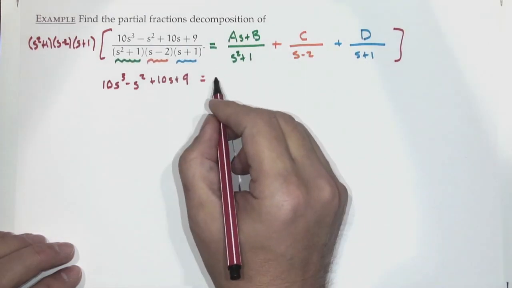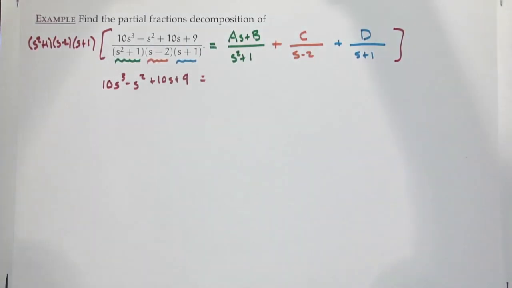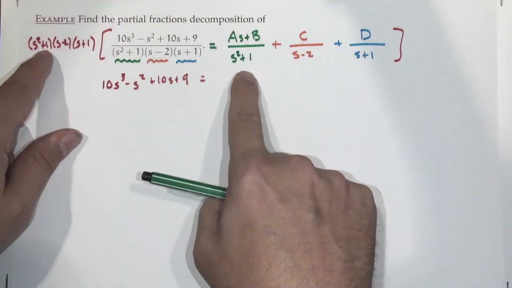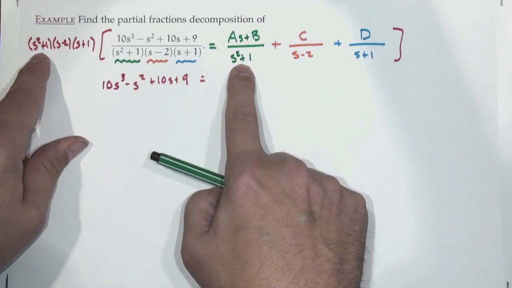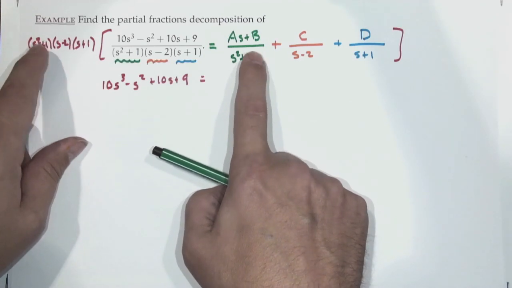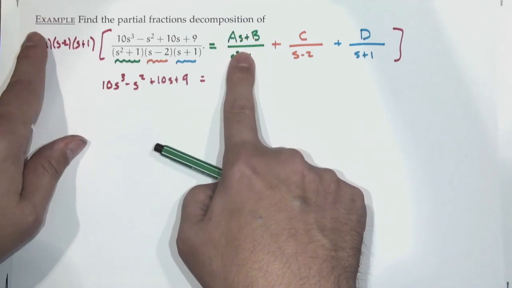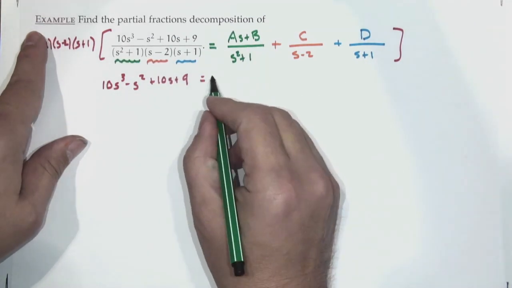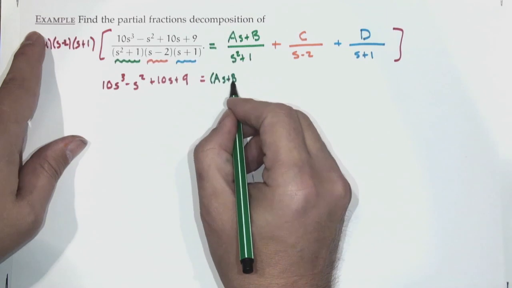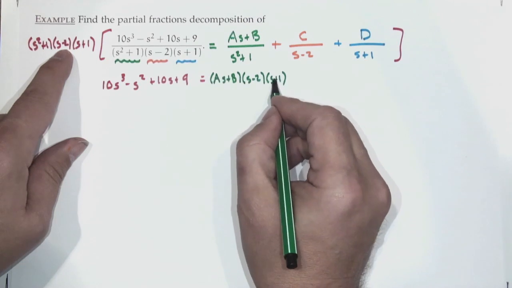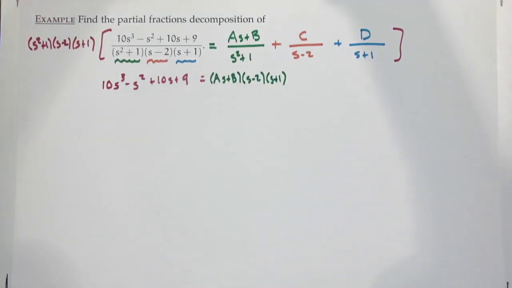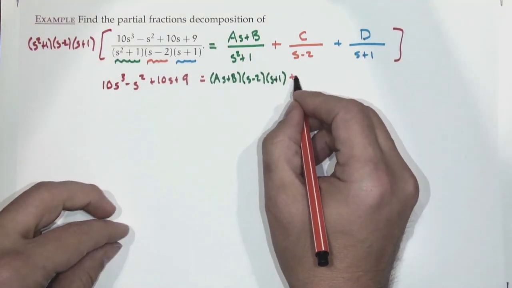Okay, equals, on the first term, well, I'm multiplying by these three pieces. I have an s squared plus 1 downstairs, what's going to be left? Well, the s squared plus 1s cancel. So we're left with the as plus b. And then we have to multiply by the parts that didn't cancel. S minus 2, s plus 1. Plus c.